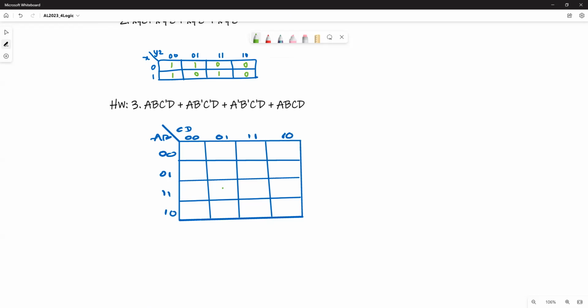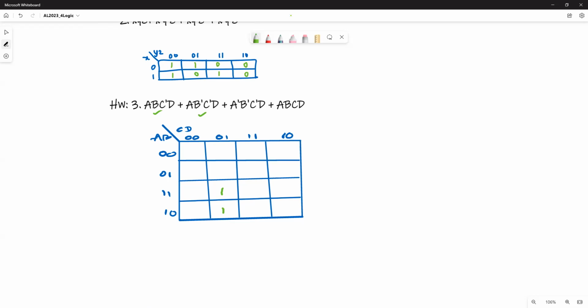So that means this is the first term. Right? So this is done. We can put. Then we have A B bar, this one. Then C bar D, 0, 1. So this is the second item, which is also done.